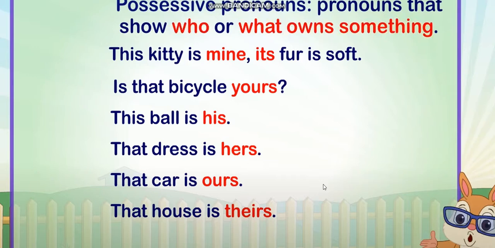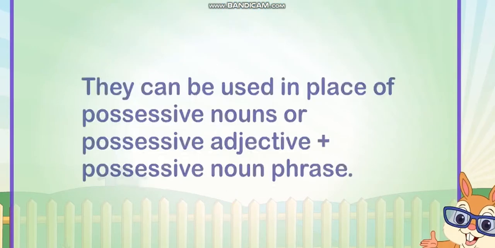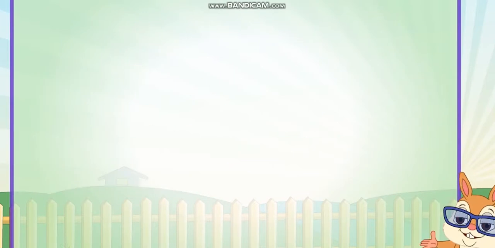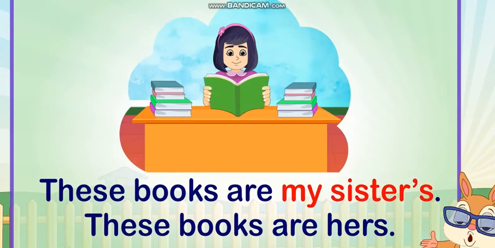These pronouns are called possessive pronouns. They can be used in place of possessive nouns or possessive adjective plus possessive noun phrase. For example, these books are my sister's. These books are hers.